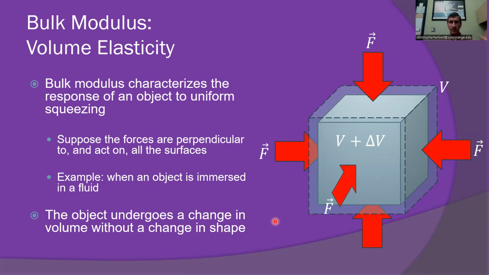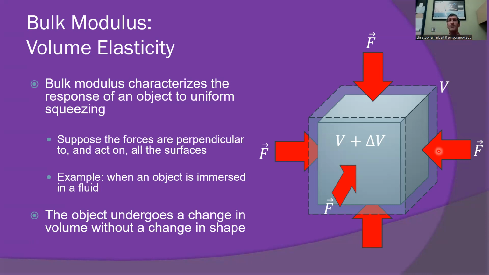And again, we can imagine a cube originally outlined by this dotted line right here. And as external forces are applied to each side, that volume will decrease as the material is pushed inward.